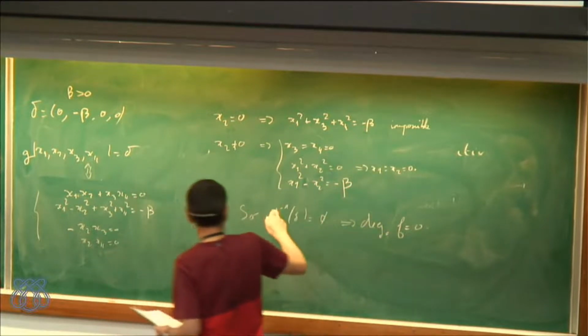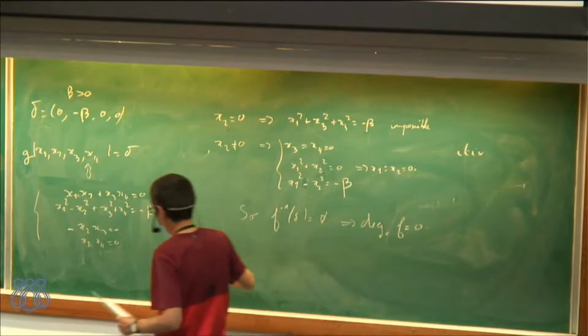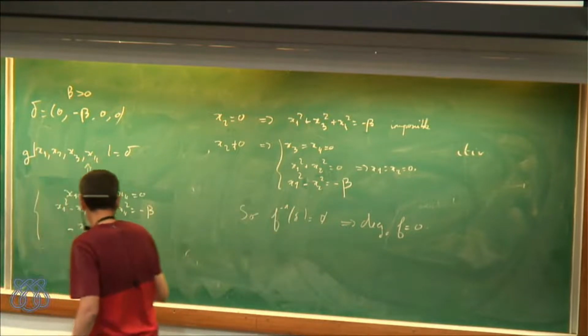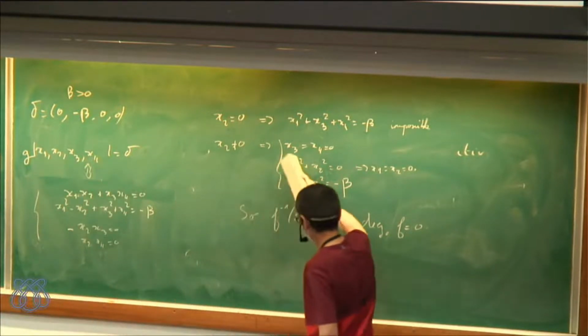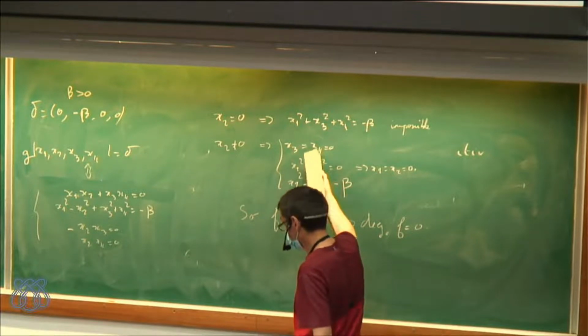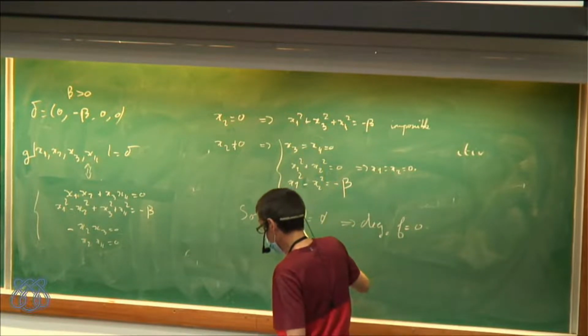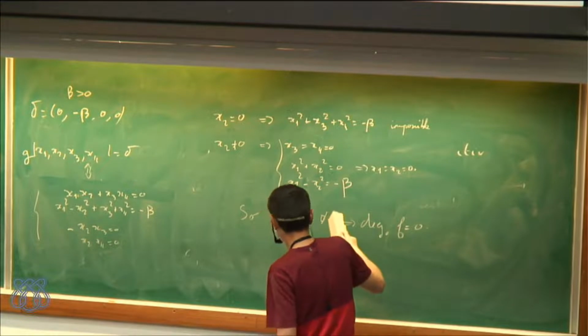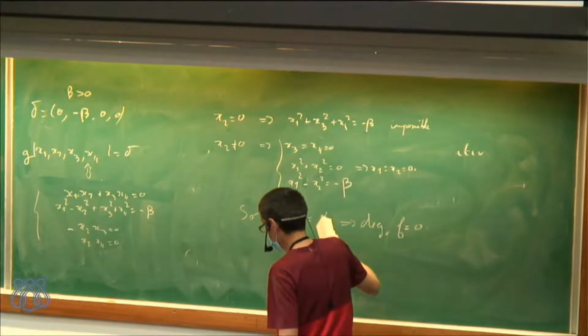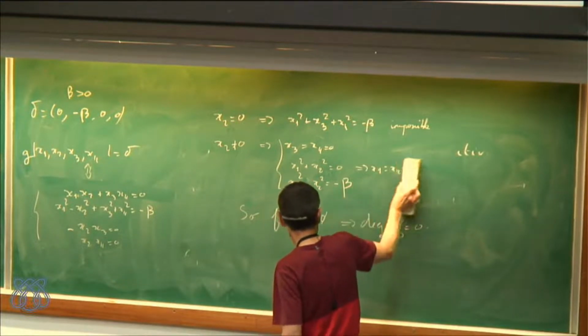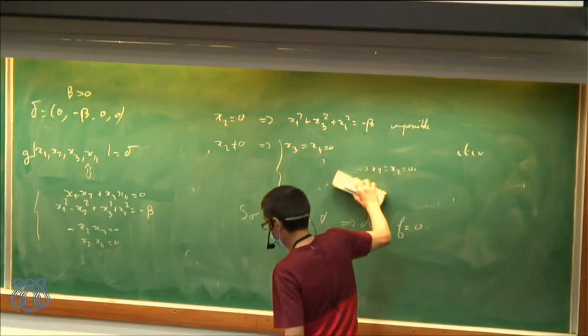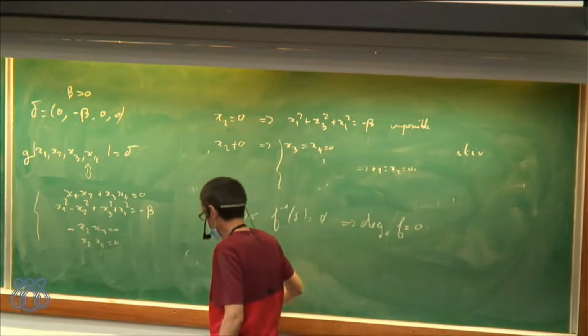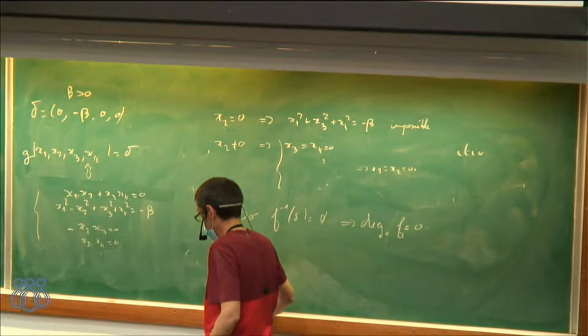So then, if x2 is 0, x3 and x4 are 0, and then I get x1, x2.